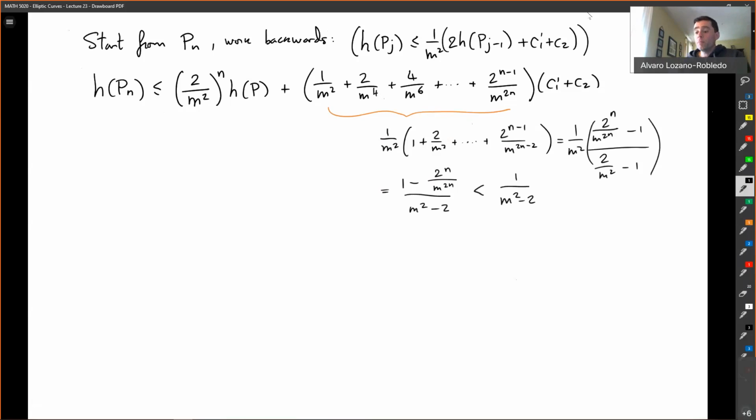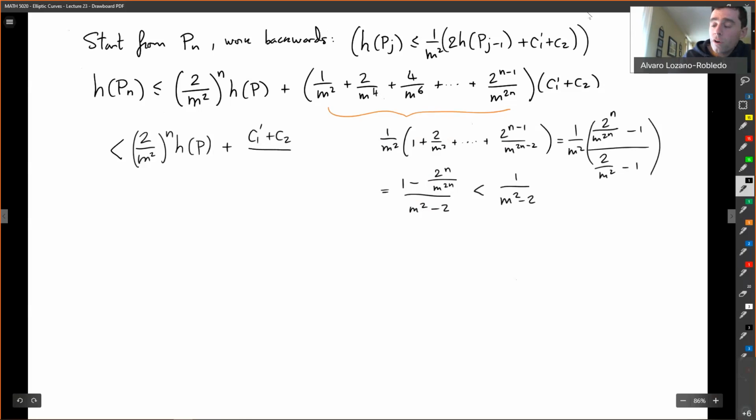All right. But you see, the nice thing now is that the dependence on n has disappeared. So this is then less than 2 over m squared to the n times the height of P plus C1 prime plus C2 over m squared minus 2. And if m is bigger or equal to 2, which it is, then 2 over m squared is less than 1 over 2.